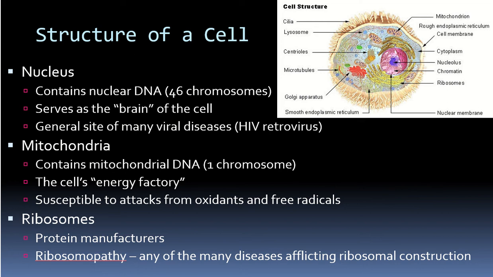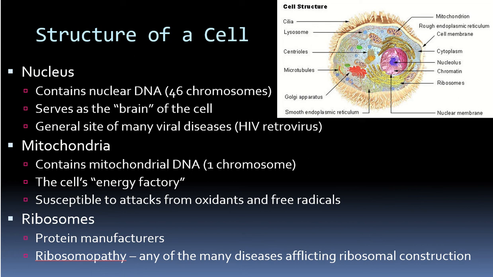Now, those folds on the inside of a mitochondria are susceptible to attacks from oxidants and free radicals, which essentially smooth out the inner surface of a mitochondria, removing much of the surface area and diminishing its ability to produce energy molecules, which is ATP.